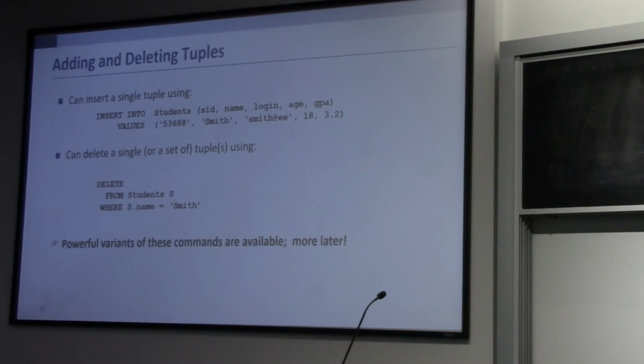So to answer your question, for a given schema, at any given time, there is only one instance of that schema. You cannot have multiple instances of the same schema. That's not possible. You must have only one instance. It is possible to have different instances of the same schema over time through insertion and deletion as well. I hope that answers your question.